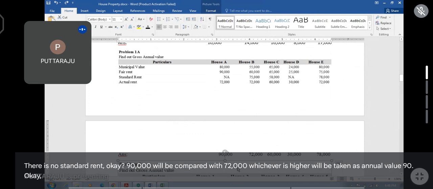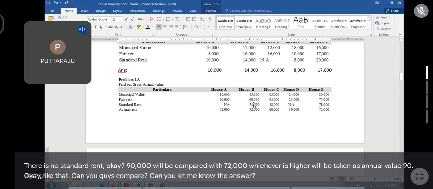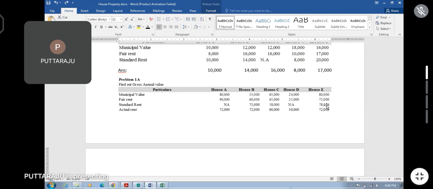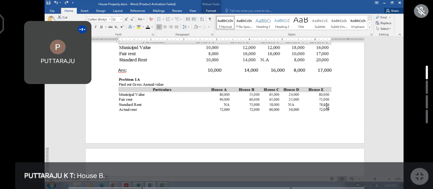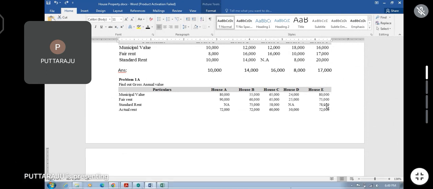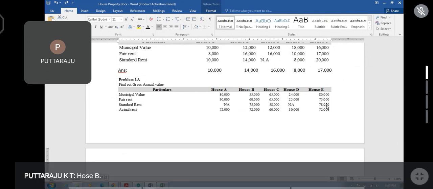Okay, like that, can you guys compare? Can you let me know the answer for these four houses? House B, what is the gross annual value?